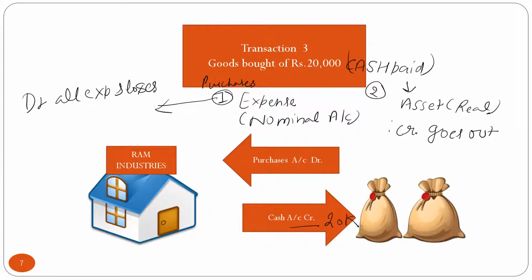So purchases account debit by 20,000. So here we come up with the journal entry: purchases account debit by 20,000 and cash account credit by 20,000. So that was about the third transaction.